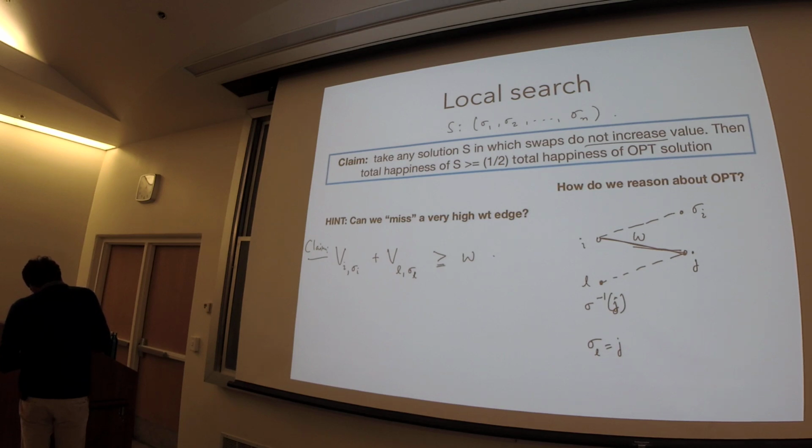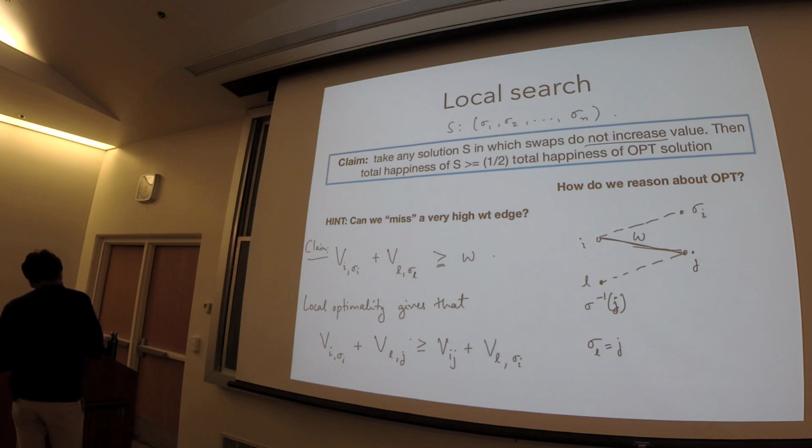Now the proof of that is that local optimality gives that sigma I, L J are greater than or equal to, plus, and this one is bigger than or equal to 0, so this thing is bigger than or equal to 0.